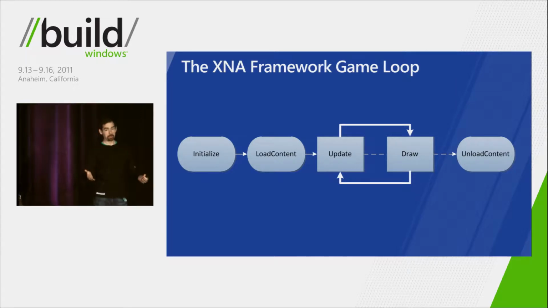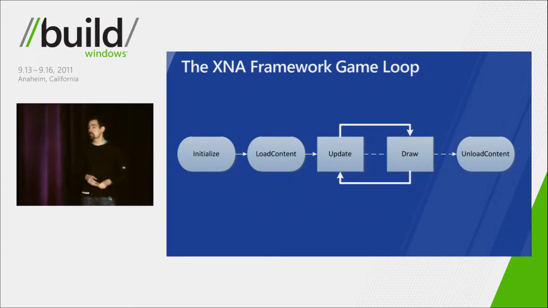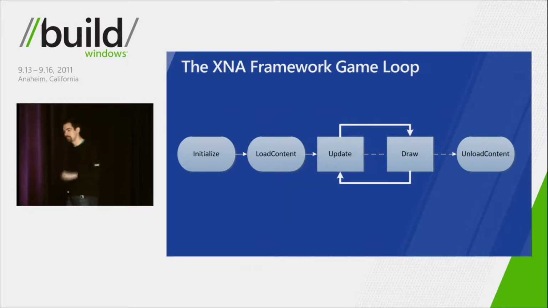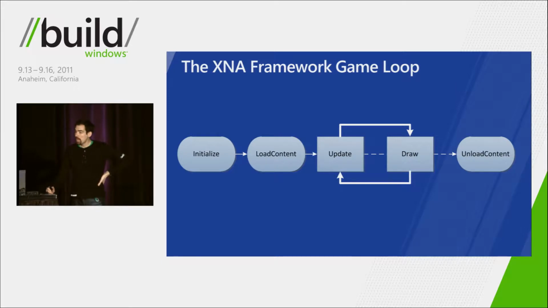Draw, this is where you draw to the screen. A clear command clears out the buffer, and you have access to that buffer, and you can party down. There's a whole bunch of APIs to give you very fast access to the buffer. We'll talk about those soon. And then finally, when you get to the very end of the program, unload content is called. If you have any very confusing or complicated references that you need to untangle and get rid of, now is your chance.